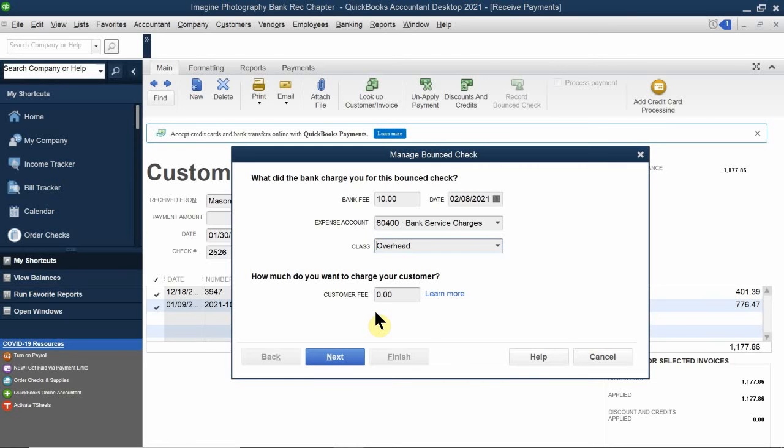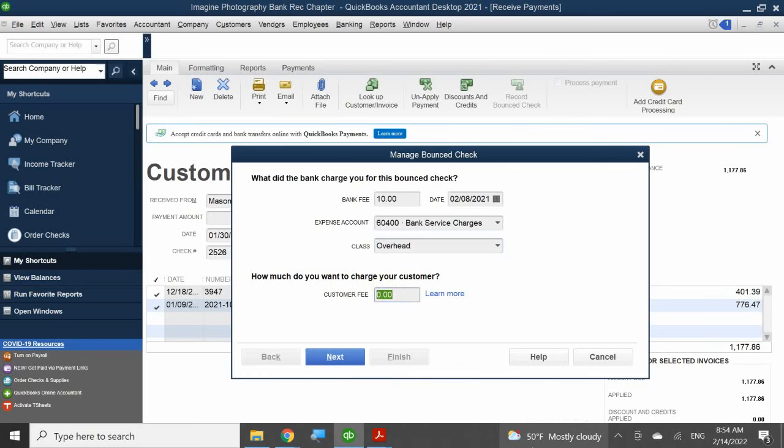So I'm going to charge my customer, because I got charged for their mistake, for them writing me a faulty check. How is that my fault? So I'm going to have him pay me $20: $10 to cover the service charge and $10 as a profit or convenience charge.